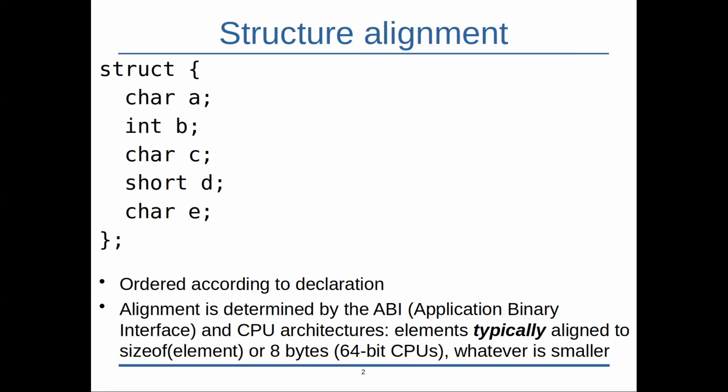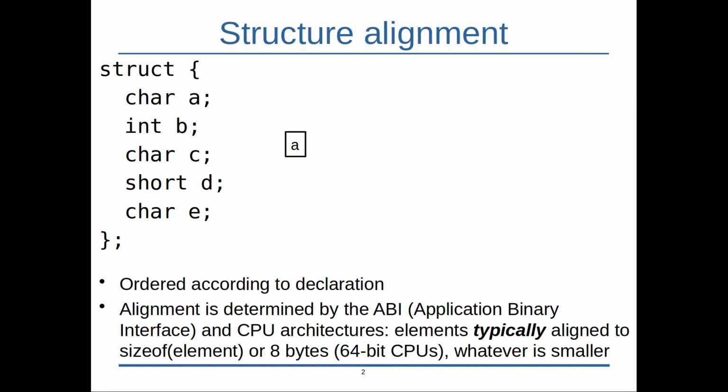By the way, any idea why we need to do that? Why do some architectures require that, or require any alignment? Yeah, let's think a little bit about this, and let's come back to this question in a moment. So let's say we have a char A. Char A is going to be the very first element in memory.